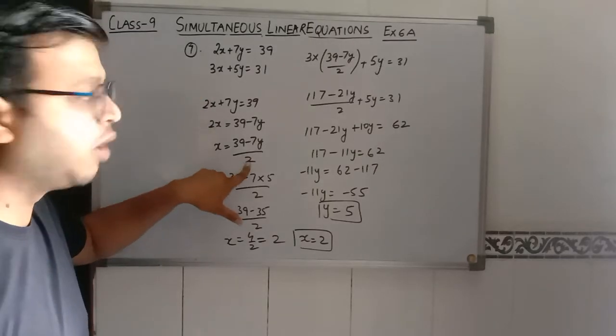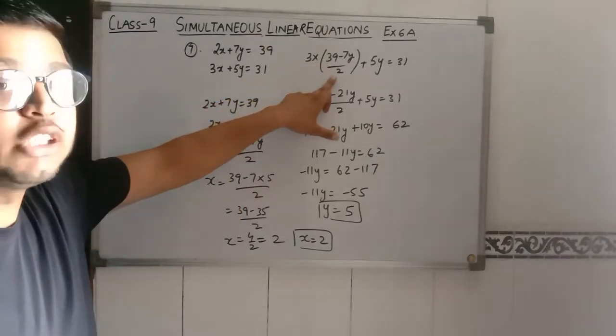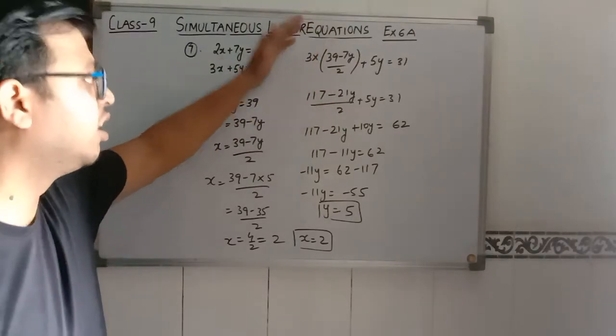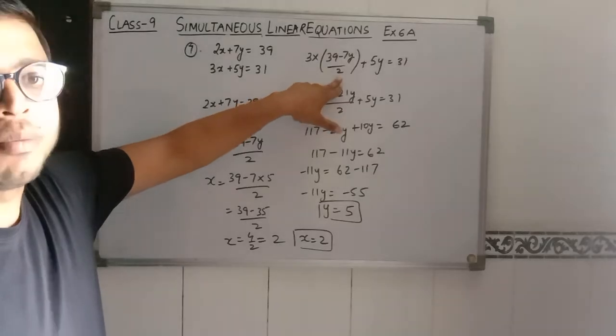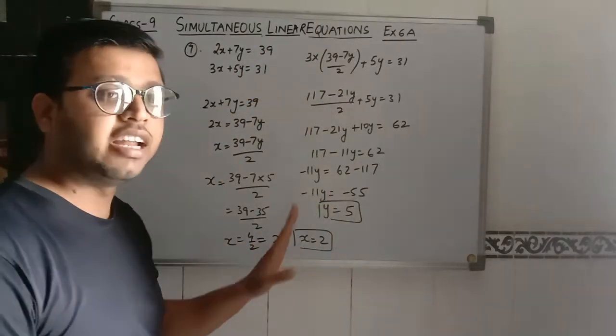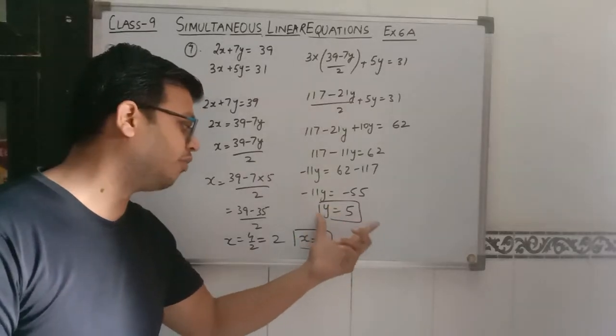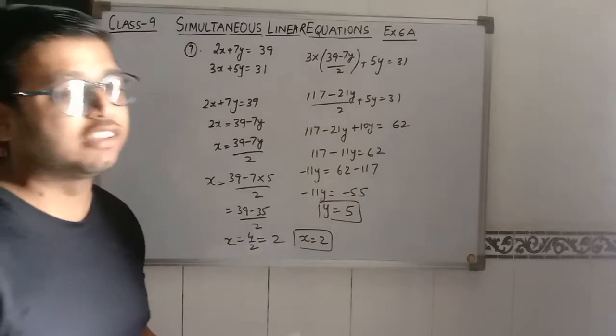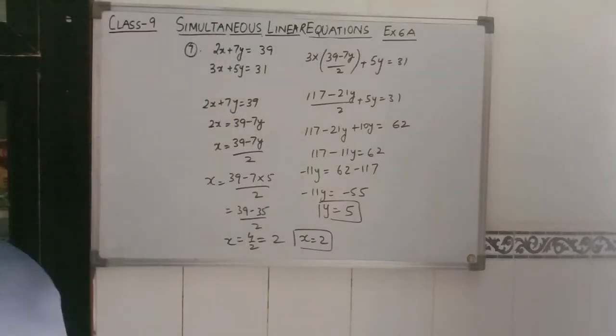So the x value you have found. Now place it in the other equation. When you have placed the value of x in the other equation, the whole equation will become in the form of y. Then you simplify it for y. Then the y value will come. When you get the value of y, you can place it in the value of x. So the final answer of x will come. So this is question number 7.